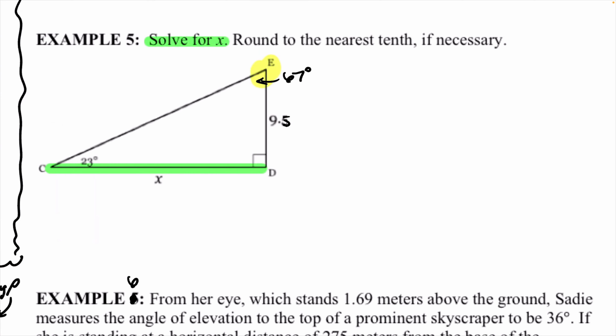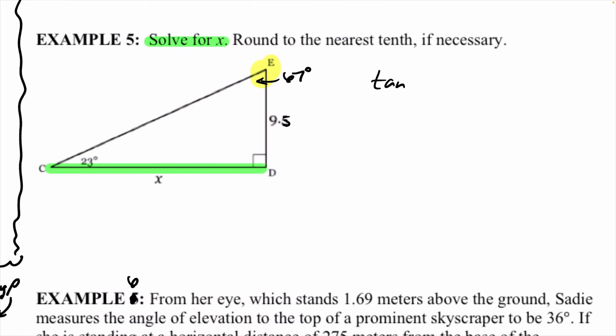Adjacent, right? So we said opposite and we said adjacent. Which one is that? Tangent and cotangent, right? Always try to use these three if you can. Sometimes we can't help it, but especially when we're using our calculator, we're going to use these three, the main ones here. So it's tangent, right?